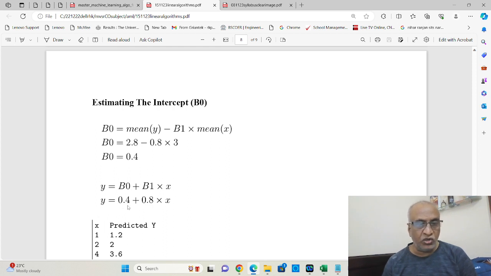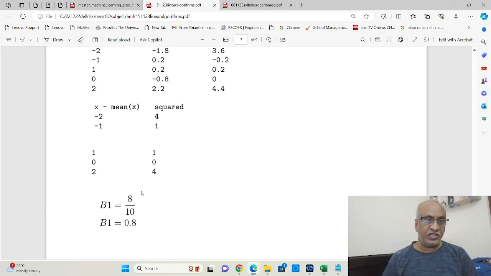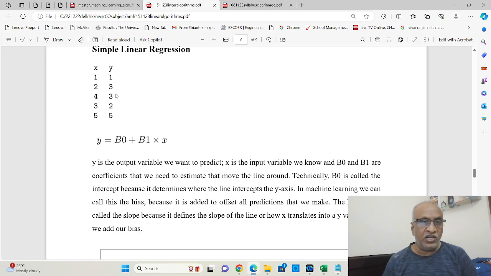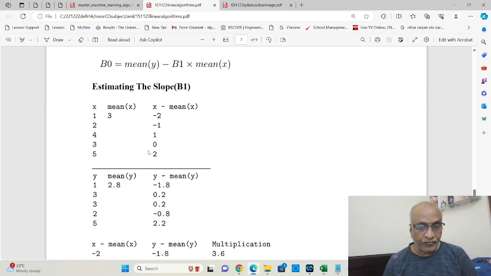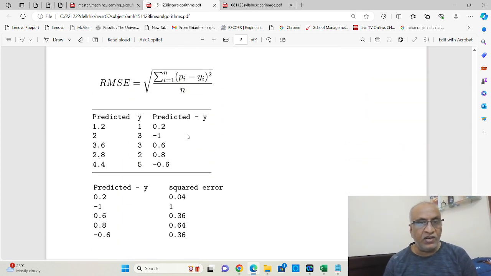So that will be y is equal to 0.4 plus 0.8 into x. Now we can predict the value of y using this, because x values we know: 1, 2, 3, 4, 5. So when we predict the value of y, we get 1.2, 2, 2.8, 3.6, 4.4 against the actual values of y being 1, 3, 3, 2, 5.